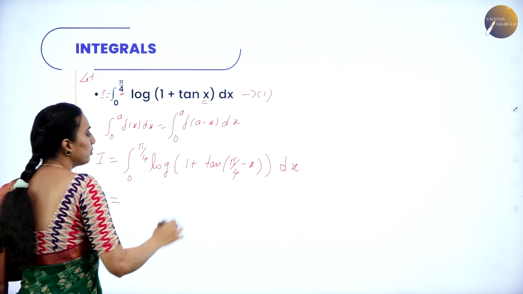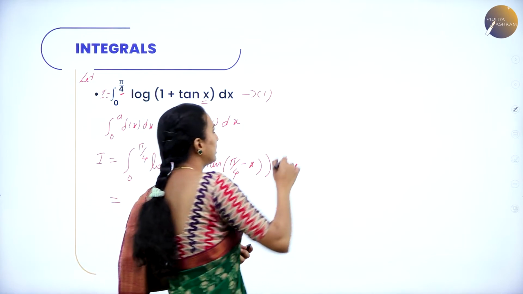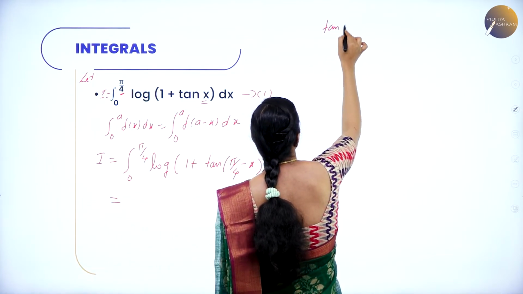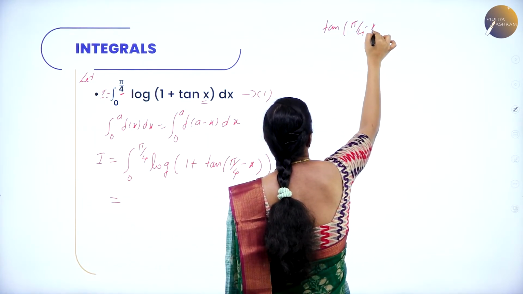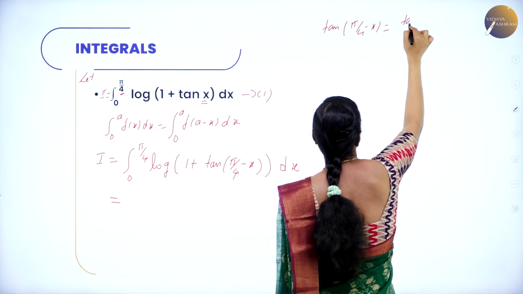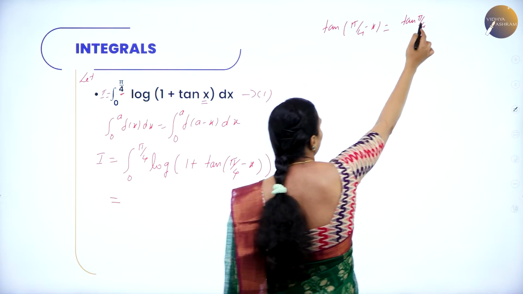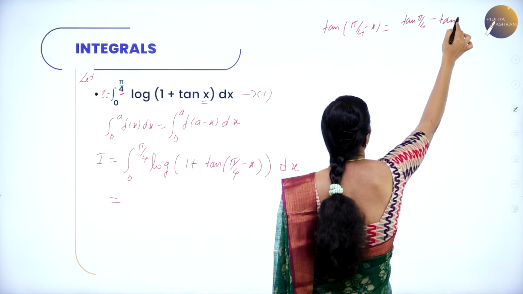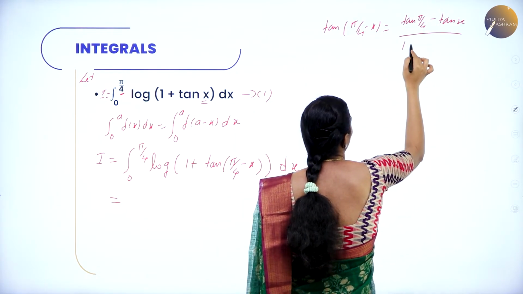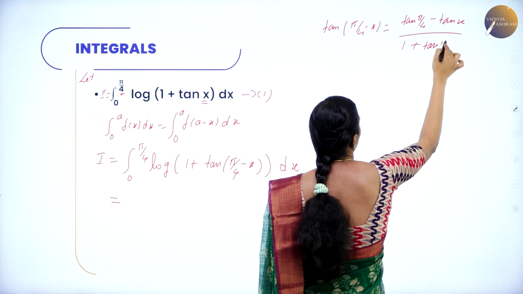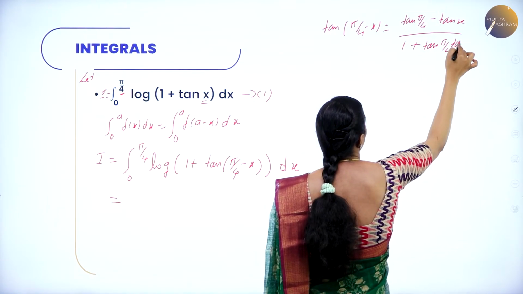Now what will this become? Tan of pi by 4 minus x is nothing but tan of a minus b, which is tan a minus tan b divided by 1 plus tan a into tan b.